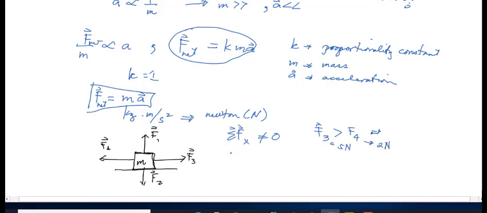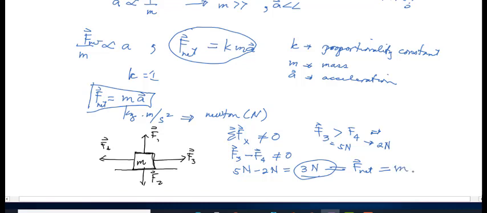So the summation of forces is equal to F3 minus F4, since they are opposite in direction. This is, of course, not equal to 0. So F3 is 5 newtons minus 2 newtons, which is equal to 3 newtons. So this 3 newtons is our F net, and this F net causes our mass to accelerate with a magnitude equal to ma.